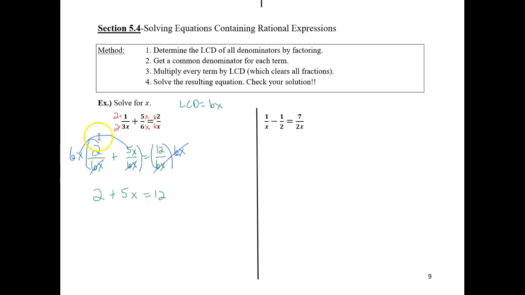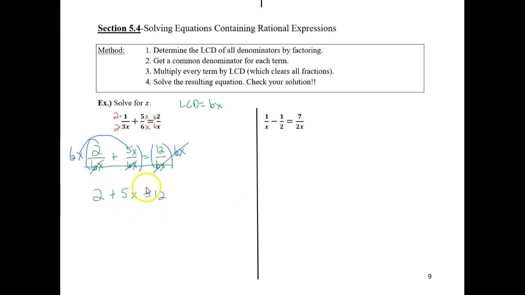Whatever we do to one side of the equation, same thing to the other side to keep it equal. And 6x times 12 over 6x. Again, those 6x's divide out, and we only have the 12. So once we have common denominators, we can clear out those denominators by multiplying every term by the LCD.